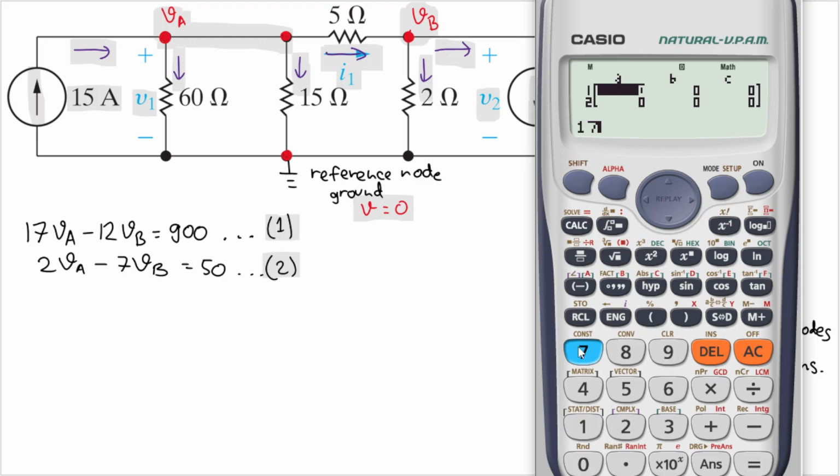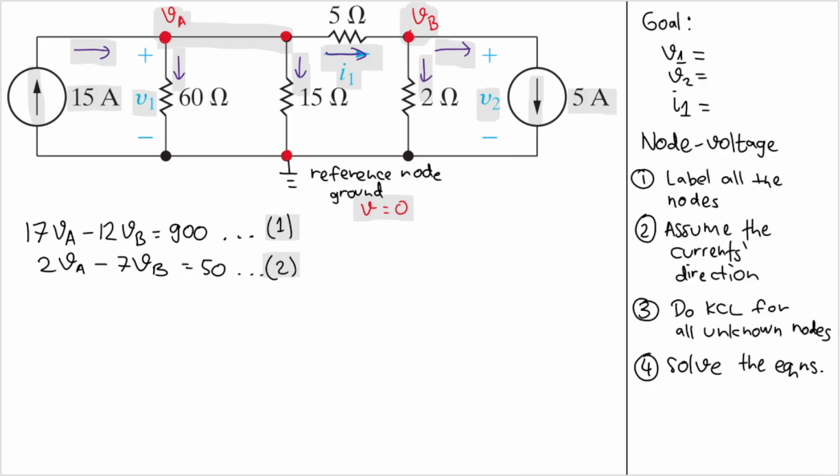So I will have 17 and then minus 12, and then that will equal to 900, and that is the first equation. And the second one, I will have 2 and then minus 7 and then 50. Okay, the x value will be our VA, right? So that will be 60. So we will have VA here is equal to 60 volt.